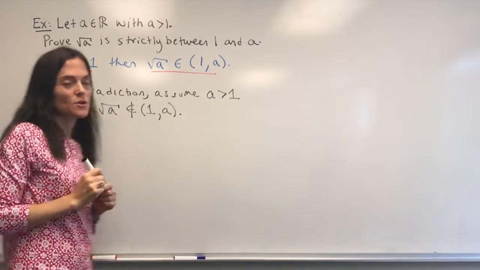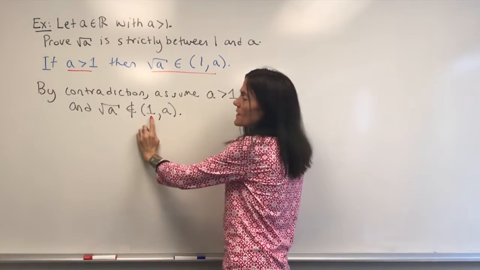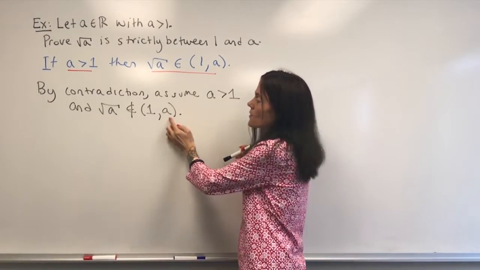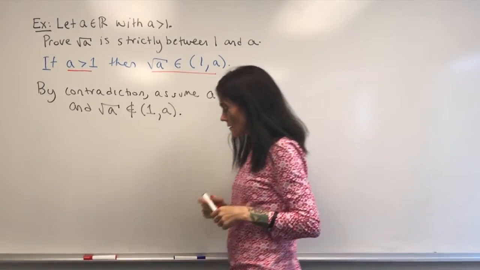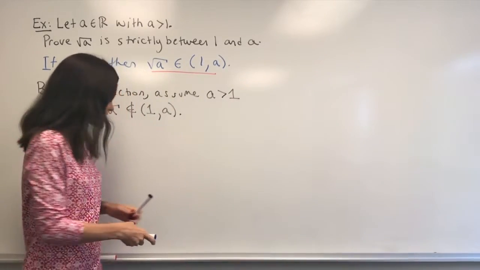Okay, well, you see there's really two things we might know. Either the square root of A is less than or equal to 1 or is bigger than or equal to A. Okay, so we need to treat those two separately and get a contradiction.